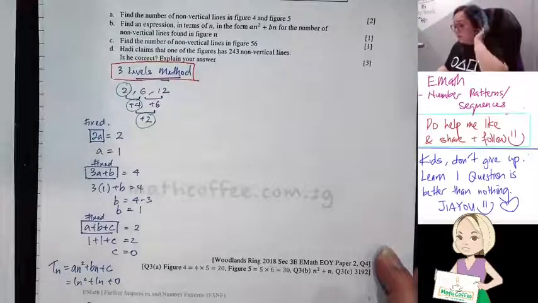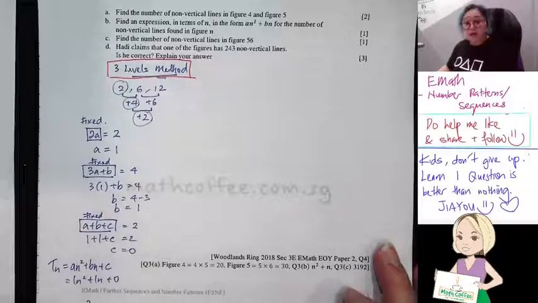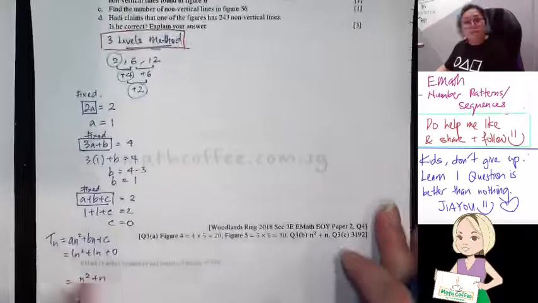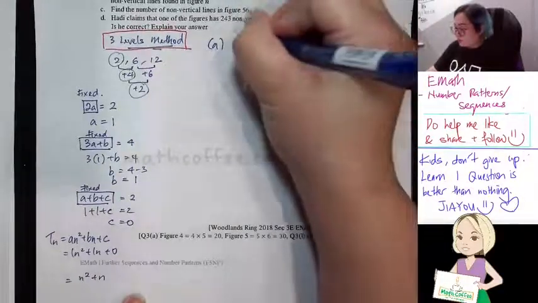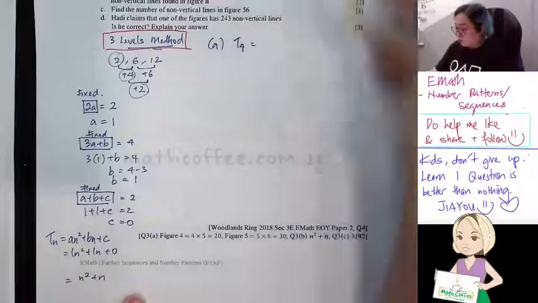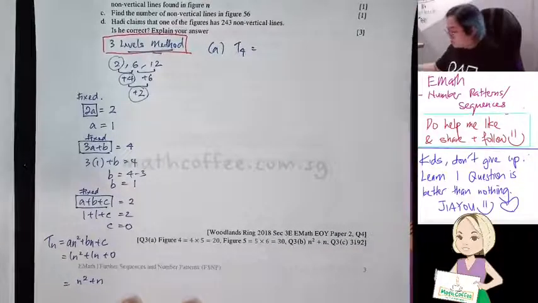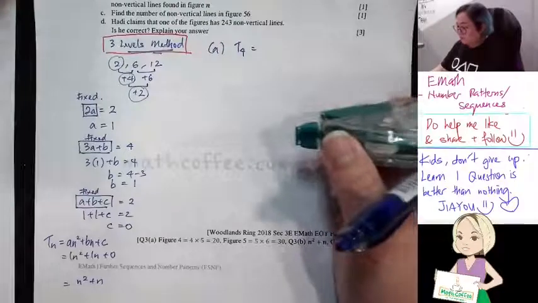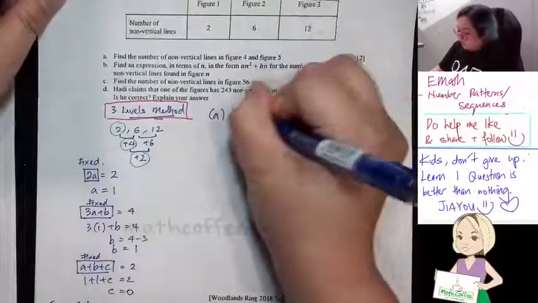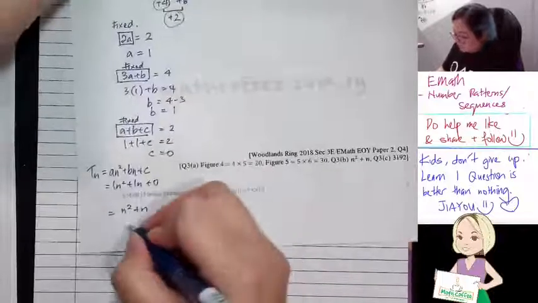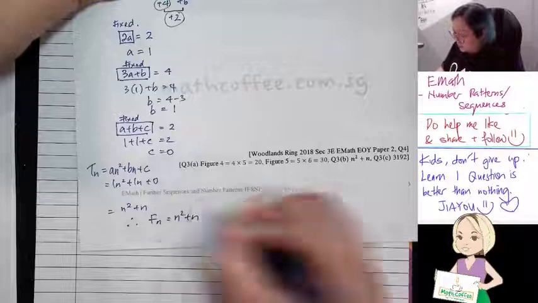Now, they tell me to find the number of non-vertical lines in figure 4 and figure 5. And since I already have my Tn, I don't have to worry so much already. So now for part A, I will know that T4, or rather I can call it figure 4. So actually I can just write therefore figure n is equal to n squared plus n.